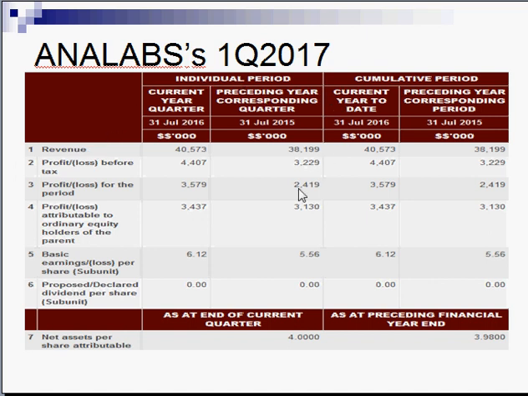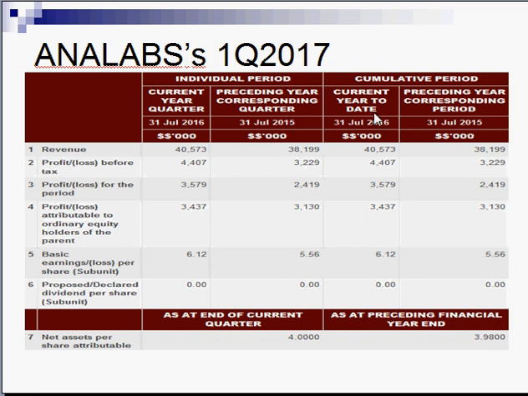You will see that there are four columns of numbers. The first column is the current year quarter result, and next to it you have the same quarter last year numbers.